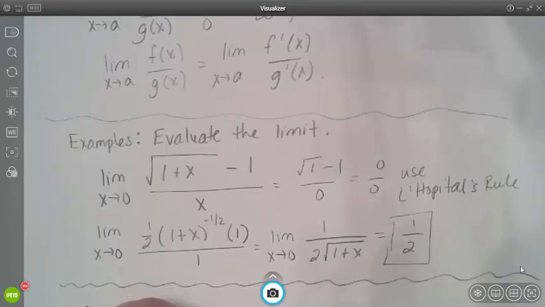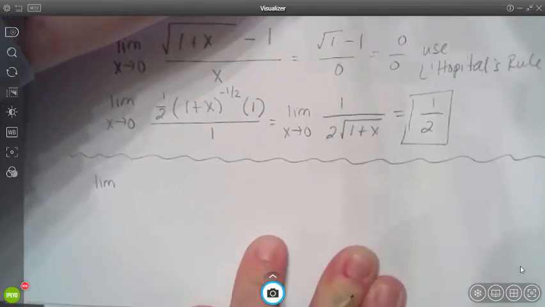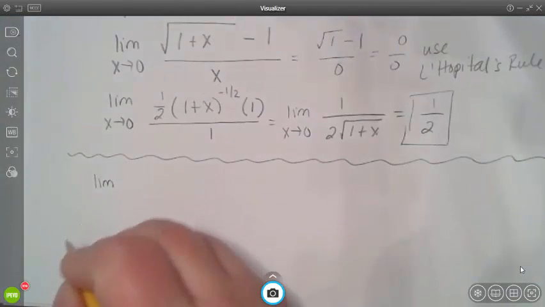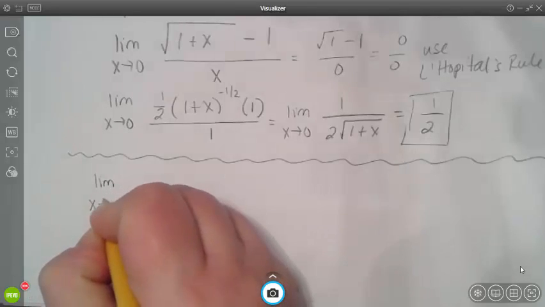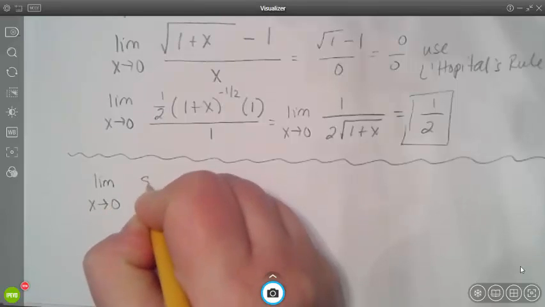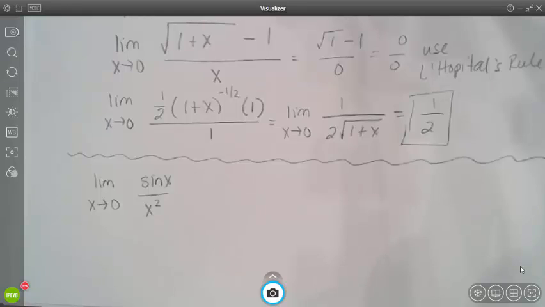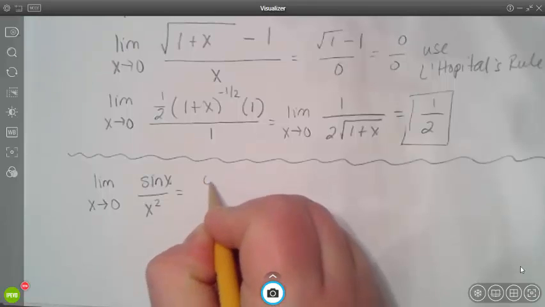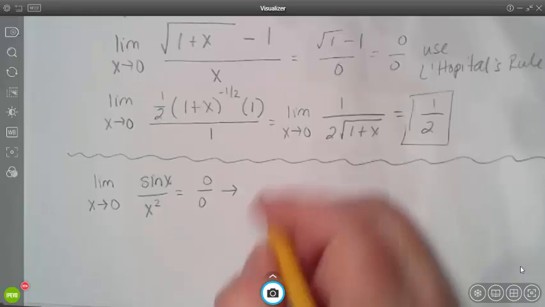Let's do the limit as x approaches 0 of the sine of x over x squared. Okay? So when I plug 0 in, the sine of 0 is 0, 0 squared is 0, so I can use L'Hopital.